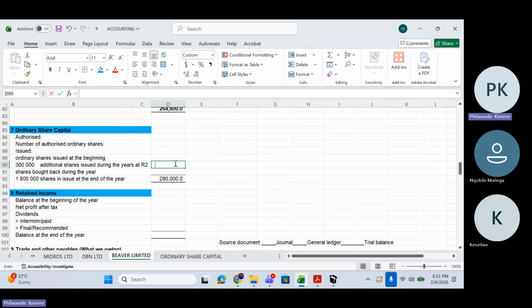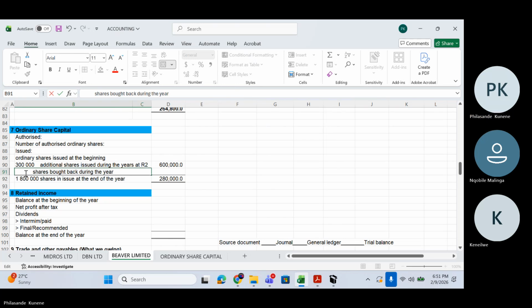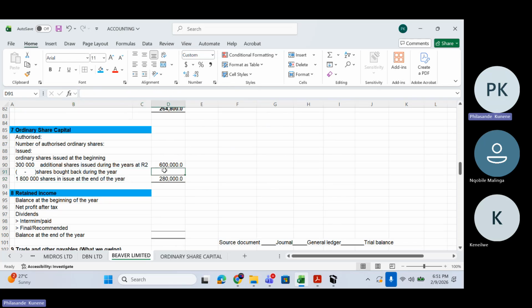That is going to be 600,000 rands. But do we have any shares that were bought back? Nothing was bought back. I'm just going to have a dash here. We didn't buy back anything because they didn't tell us about anything, so I'm going to have 0 here as well.